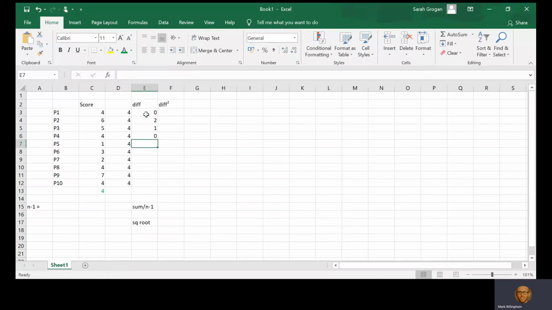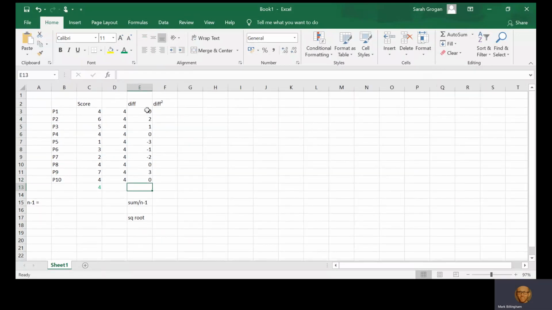Participant 5 scores 1, so they are minus 3, so 3 below the mean. 3 minus 4 is minus 1, 1 below the mean. 2 minus 4 is minus 2, 2 below the mean. No difference. 7 minus 4 is 3, and no difference.